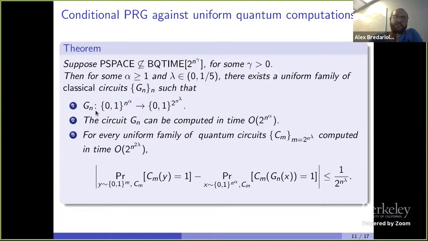These are functions, G_n, that receive as input some n to the alpha bit string, and output some 2 to the n to the lambda bit string.